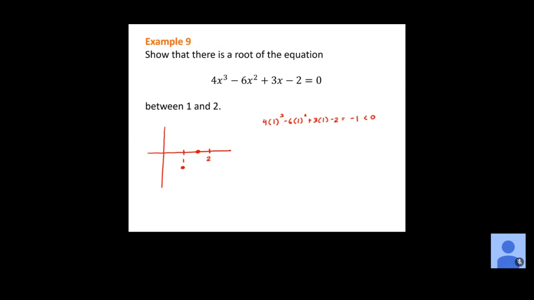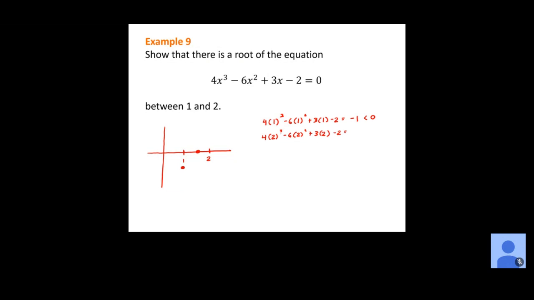Now we're going to substitute in the other endpoint. So 4 times 2 cubed minus 6 times 2 squared plus 3 times 2 minus 2. If we do that, what is that going to give us? Okay, so I got 12.